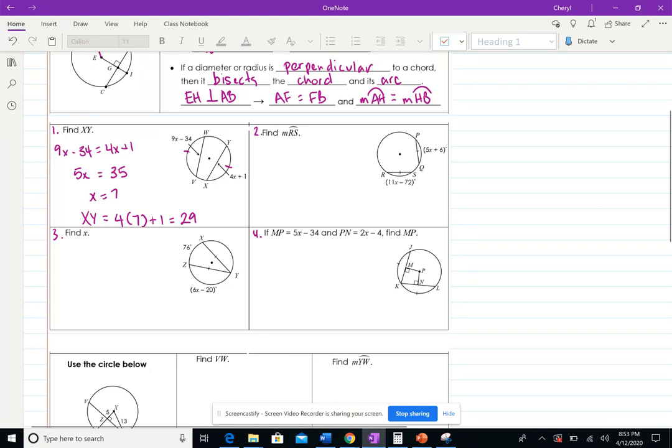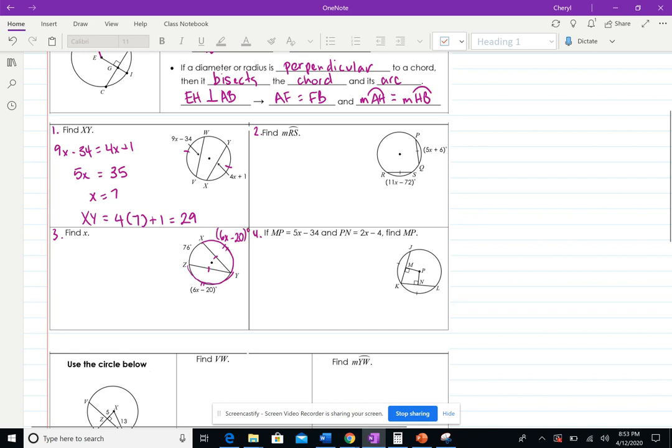Let's move on to number 3. We are going to find x, and we're given 2 congruent chords this time. If we have 2 congruent chords, we also have 2 congruent arcs. You guys agree? So if this one from y to z is 6x minus 20 degrees, this one's also 6x minus 20 degrees.